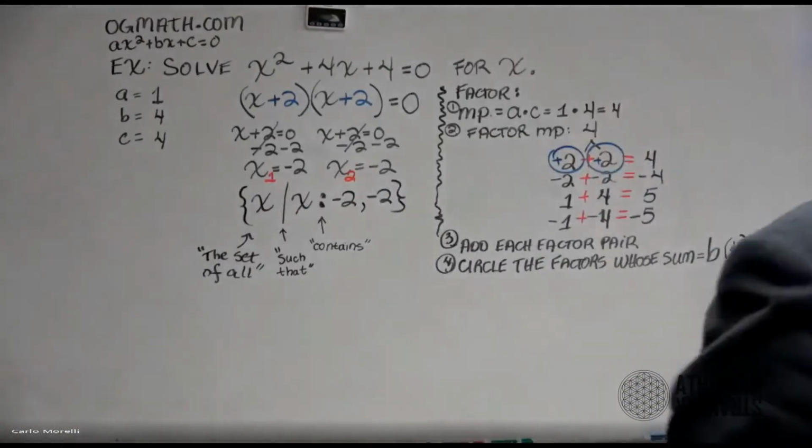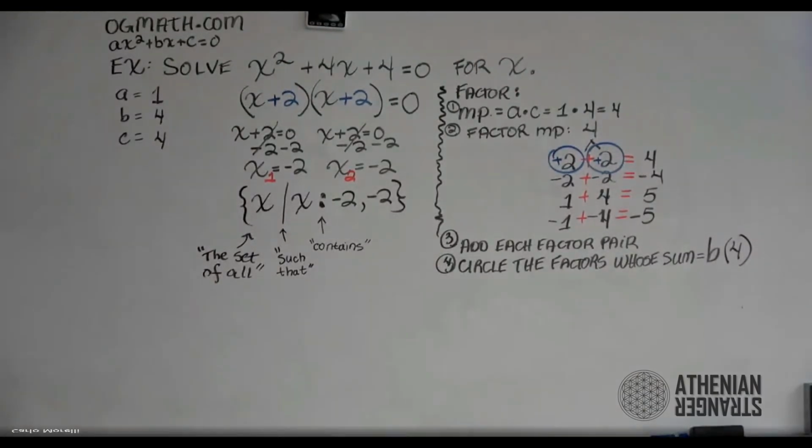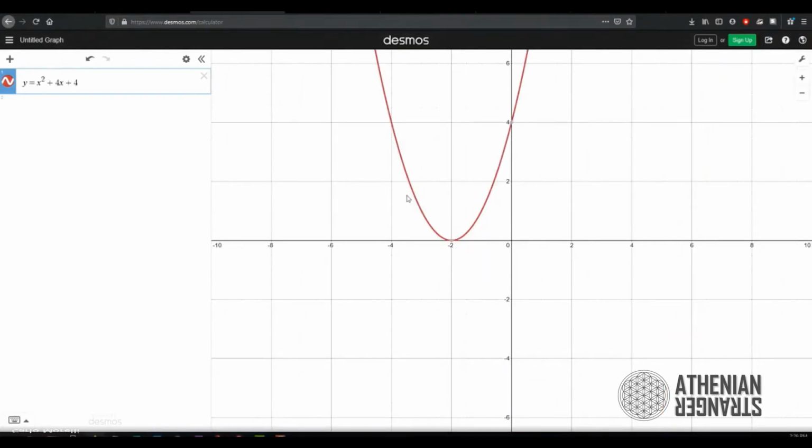Now hold that thought, hold it right in your mind, where we're at right now, because boy, do I have something cool to show you right now. All right, watch this. I've got Desmos pulled up here. Now here's the beautiful moment.